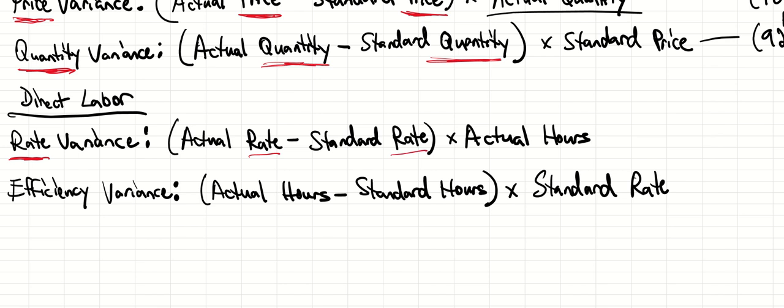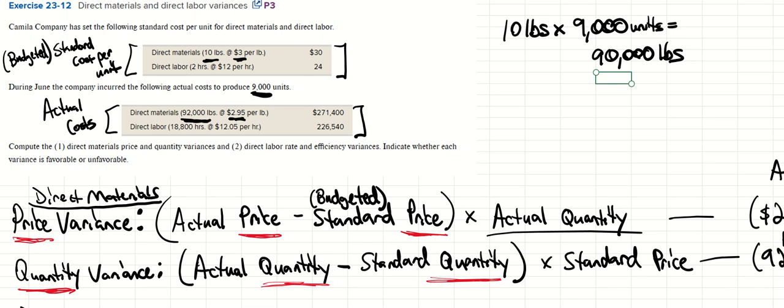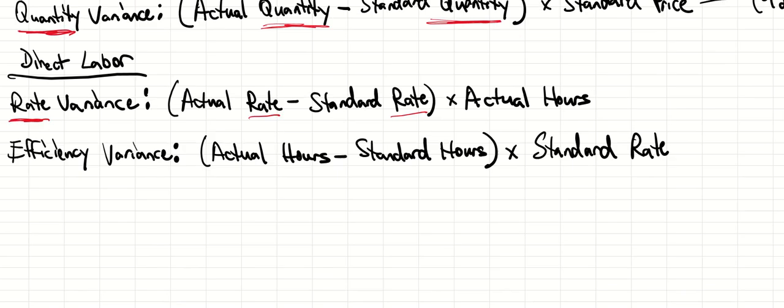This is just going to be a focus on the rate variances. Okay, so the actual rate for direct labor is going to be $12.05 per hour. We're only focused on per hour, not the total.